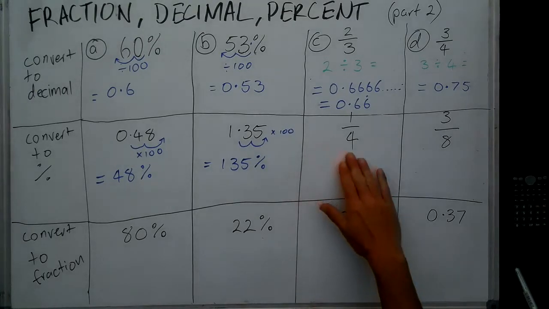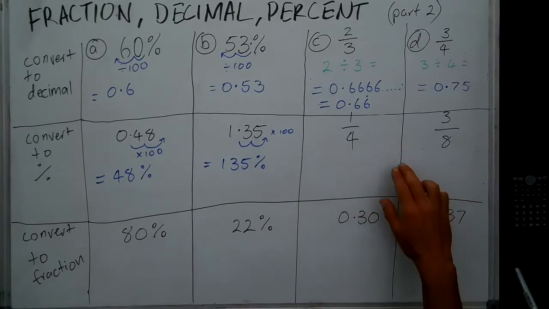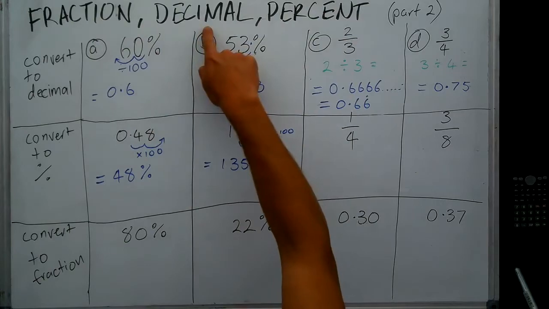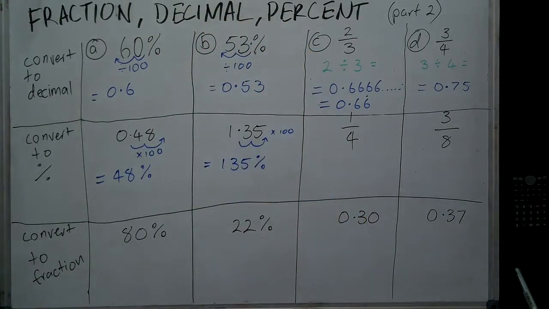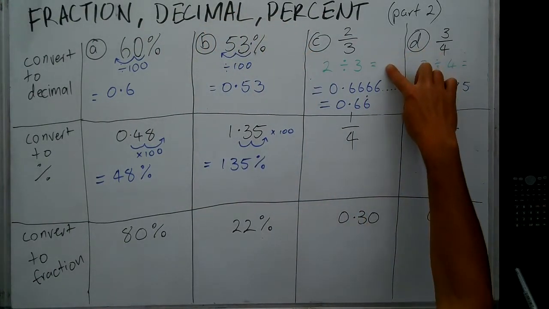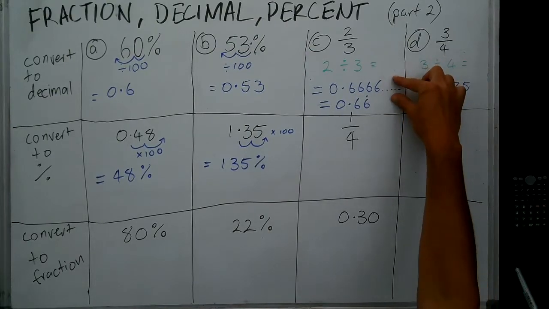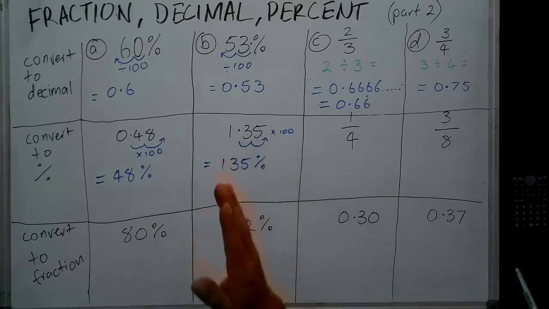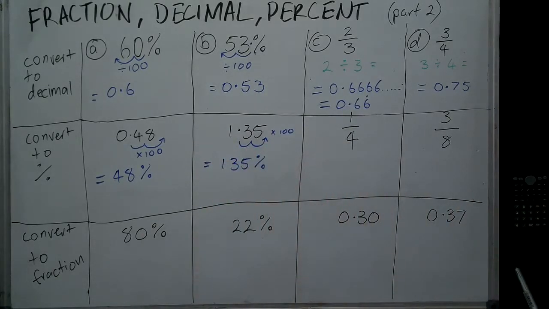Okay, in the previous video I talked about converting fractions to percents. It's easier to turn it into a decimal first. So we're essentially going to do this strategy here, get it to a decimal representation, and then we're just going to do this, multiply by 100, so we're just going to shift the decimal place.